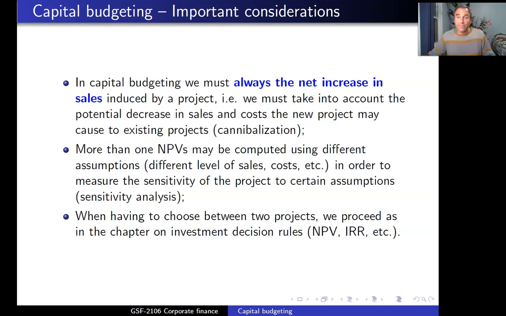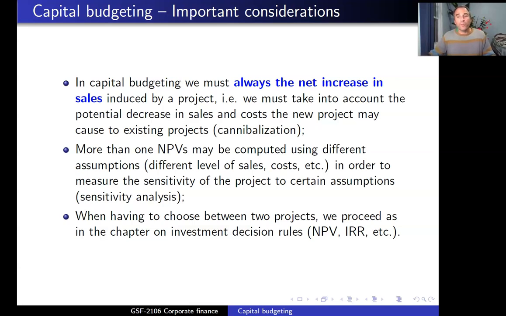So this is scenario analysis or sensitivity analysis. So how sensitive the net present value is to changes in specific assumptions. And finally, when we compare different projects and have to choose between one of them, we apply the same rules as the ones we applied in the chapter on investment decision rules.